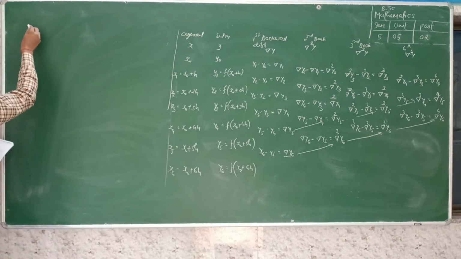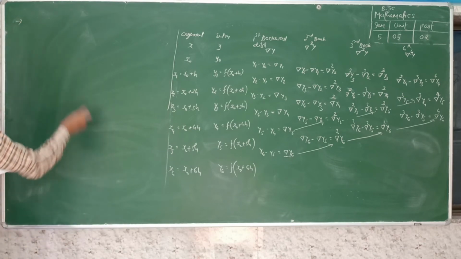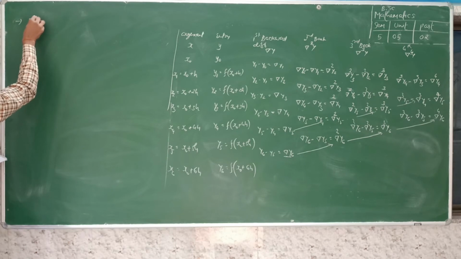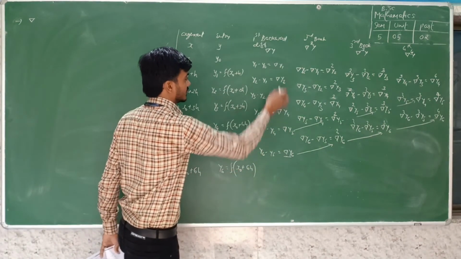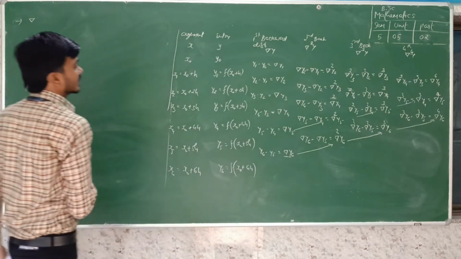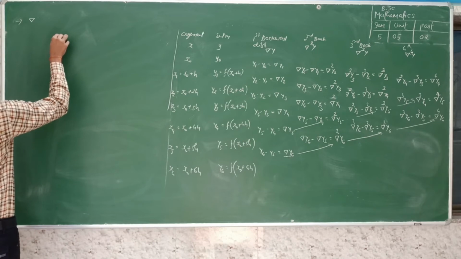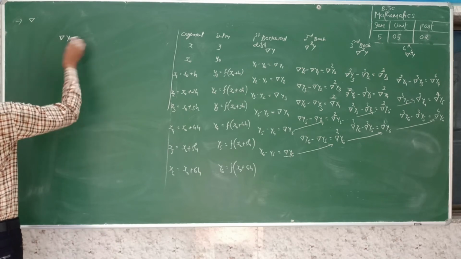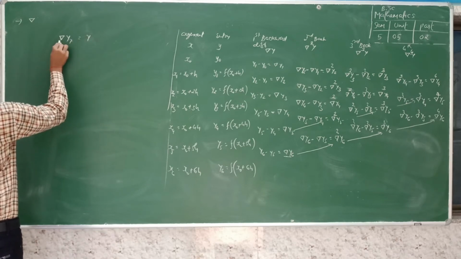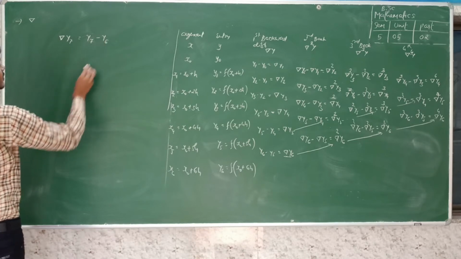Suppose we want the first backward difference of, say, nabla y7. You can expand it simply as y7 minus y6.